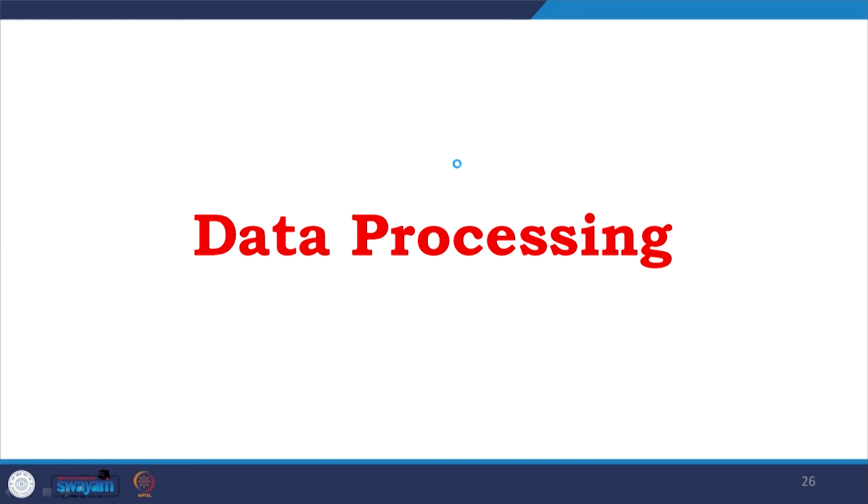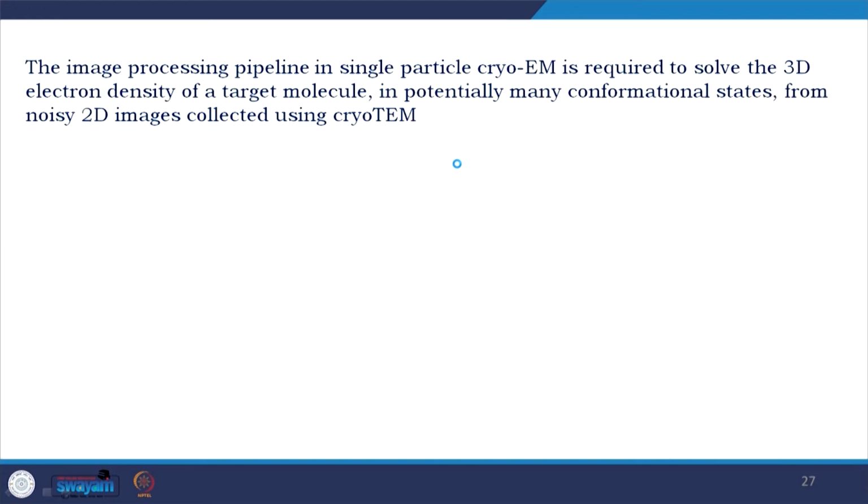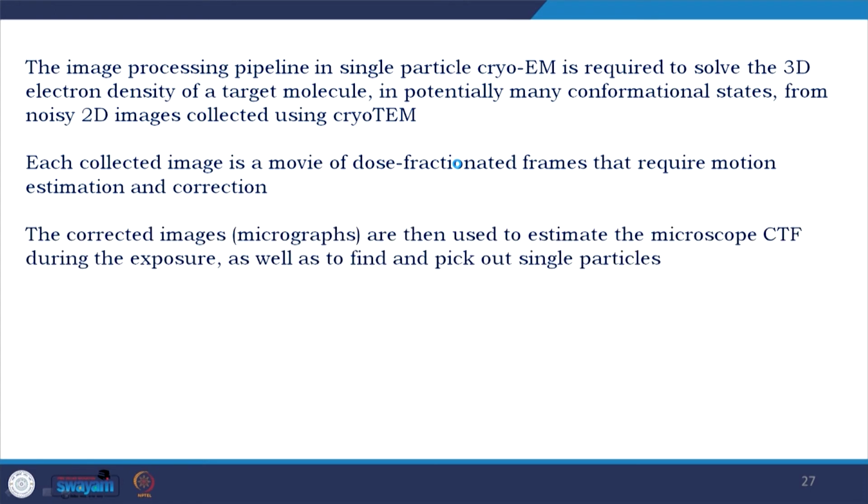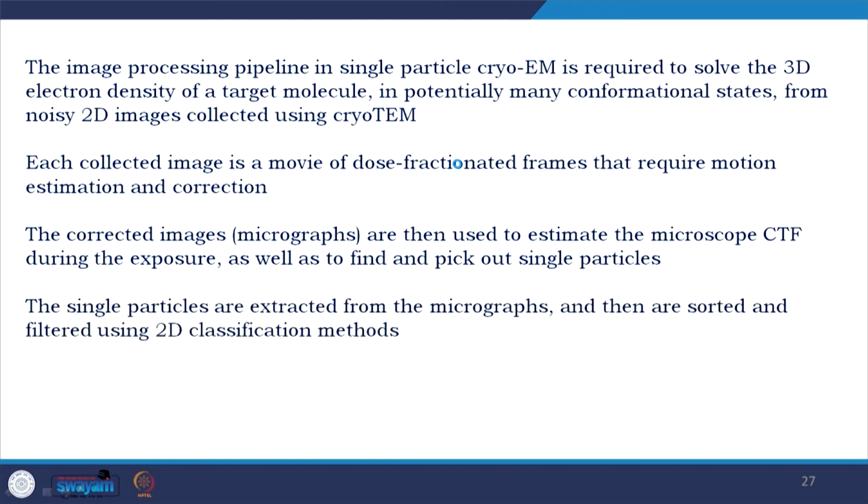Coming to the next stage, the data processing. The image processing pipeline in single particle cryo-EM is required to solve the 3D electron density of a target molecule, in potentially many conformational states, from noisy 2D images collected using the cryo-TEM. Each collected image is a movie of dose-fractionated frames that require motion estimation and correction. We talked about this in the previous section also. The corrected images are then used to estimate the microscope CTF during the exposure as well as to find and pick out the single particles.